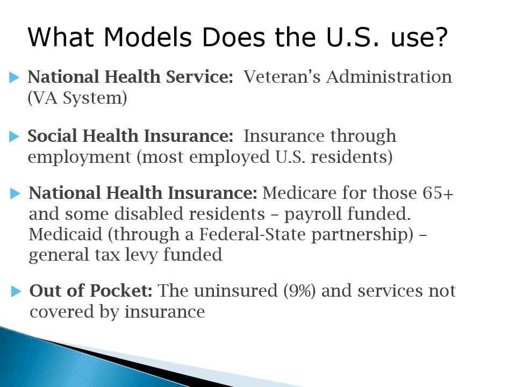Medicare is federal insurance for those age 65 and over and for some disabled residents. It's payroll funded. We all pay into it. Medicaid is government insurance. It's a federal-state partnership, and it's funded through general tax levies. And finally, we have the out-of-pocket model for the roughly 9% of U.S. residents that are not insured and for services not covered by insurance.